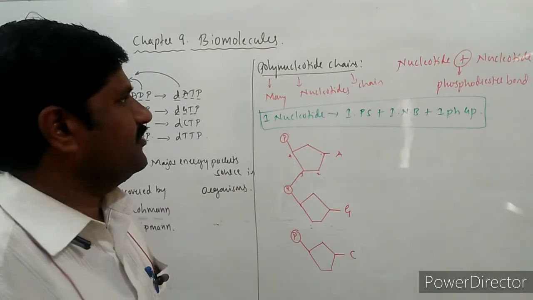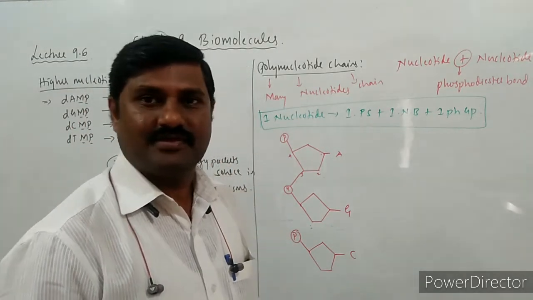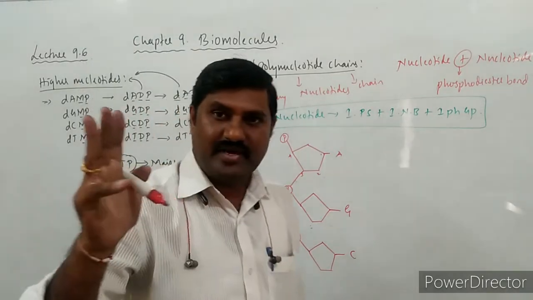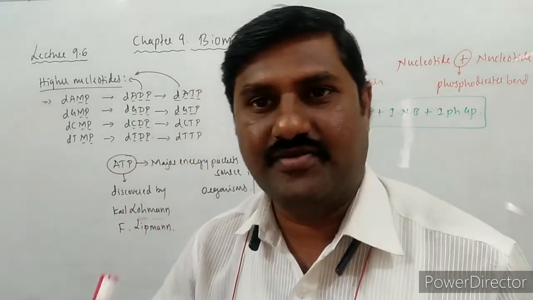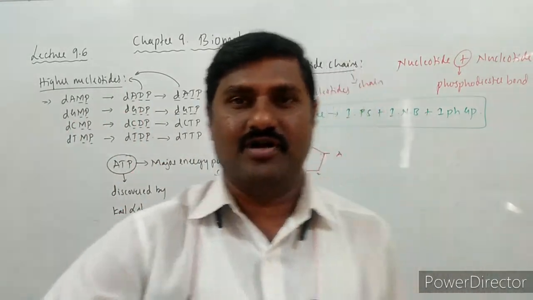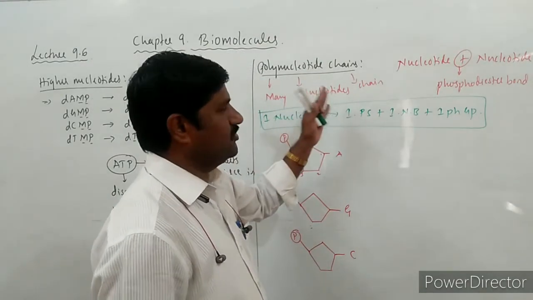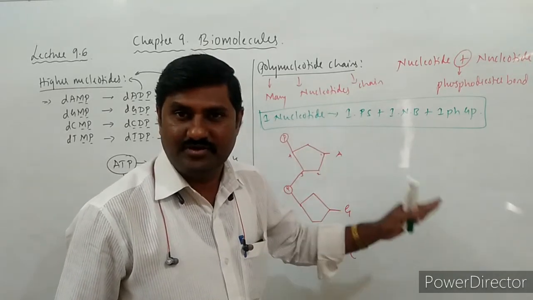The phosphodiester bond is present between two nucleotides over here. Very simple. So there are three bonds that we come across. One is the glycosidic bond, the second one is the phosphoester bond, and the third one is the phosphodiester bond. These are the three bonds you must remember so as to know these nucleotides as well as polynucleotide chains.